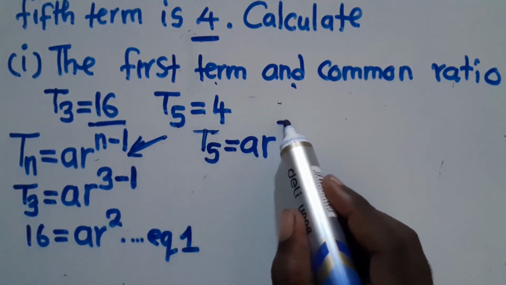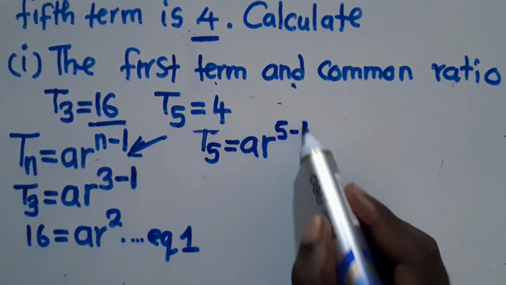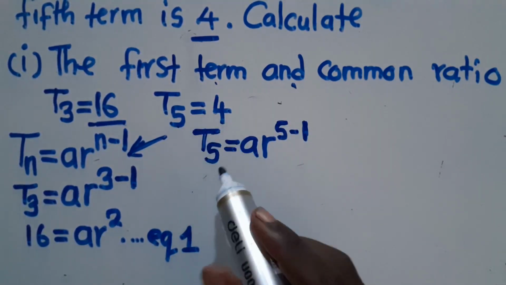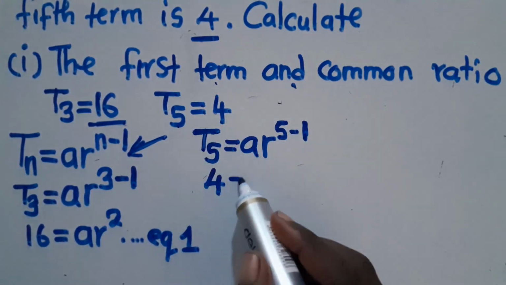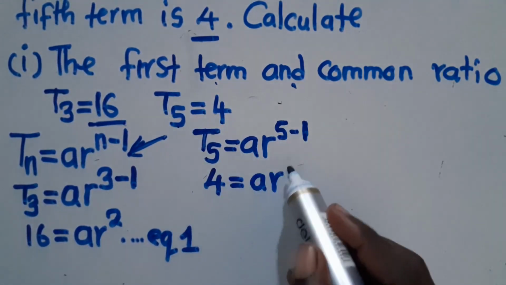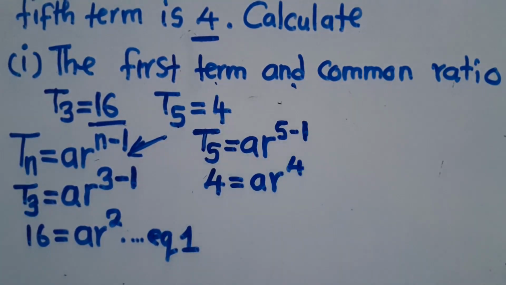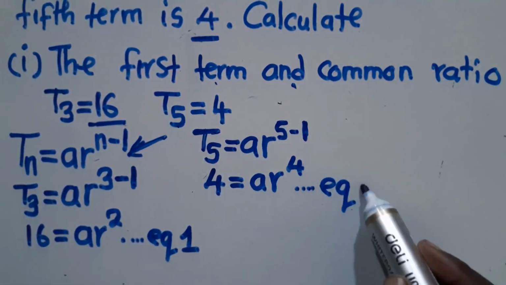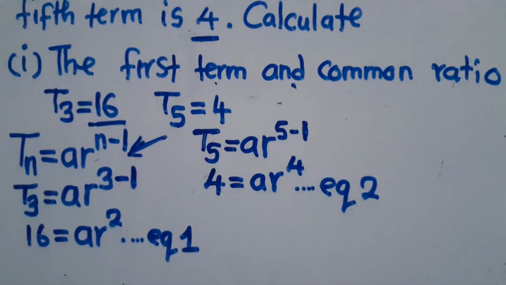So I say 5 minus 1. Then what is my fifth term? I know the fifth term is 4, which is equal to a r to the power 4. This is your equation 2. So we formed two equations.